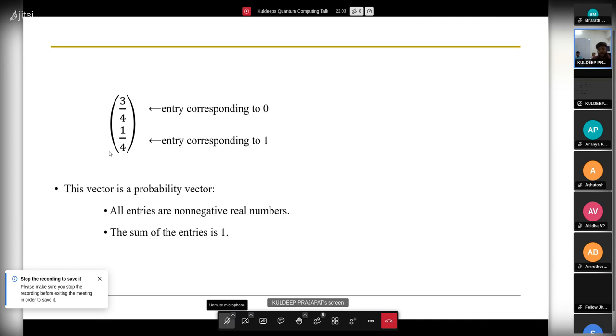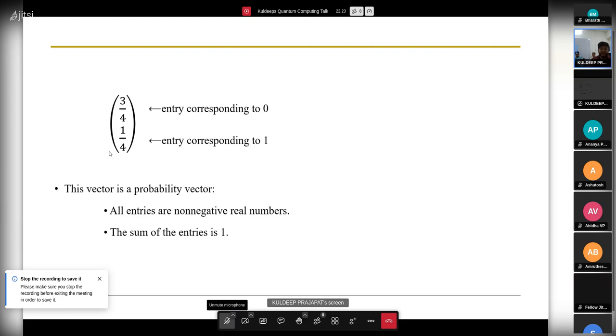To construct this vector, we have to satisfy two things from the classical point of view. First, all entries should be non-negative real numbers. Why? Because these are all probabilities, and probability can't be negative.